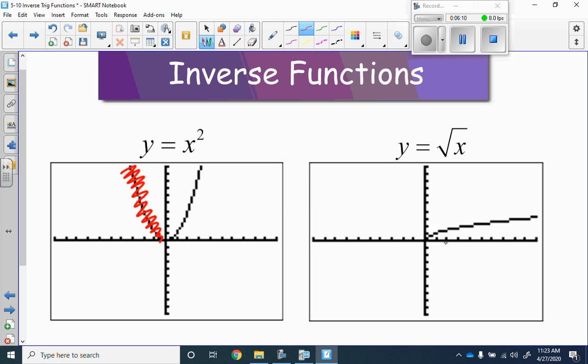And when we take the inverse of that, you're just working with the positive square root of x. You're not working with plus or minus the square root of x. Now we know the quadratic is a function. When I do the horizontal line test without that left-hand side, it passes the horizontal line test. Now it's a function. And right here, this is a function as well.